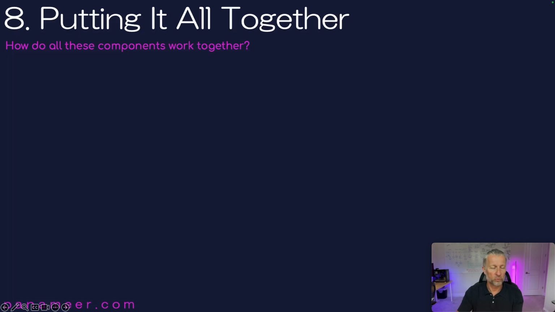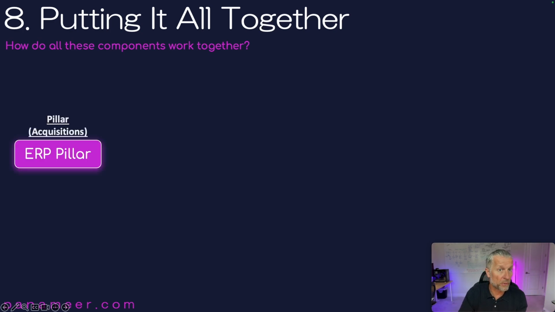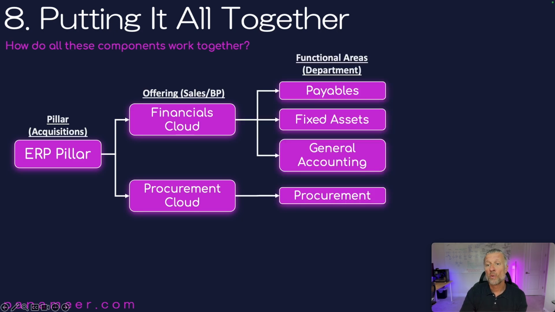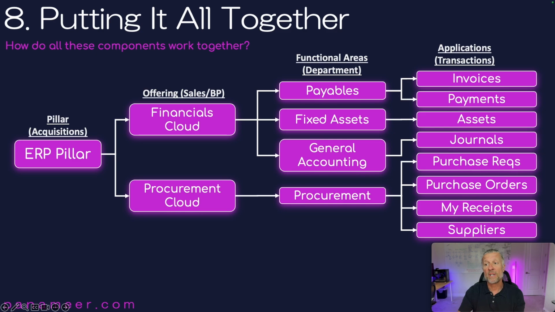Okay, now, one more time, putting it all together from left to right. First, we'll start with the pillar. Those are the main groupings. Under the pillars, we have what are called offerings. I gave a couple examples here. Under those, we have functional areas that largely correspond with departments. And then underneath those, we have applications or transactions, and you can see those here.